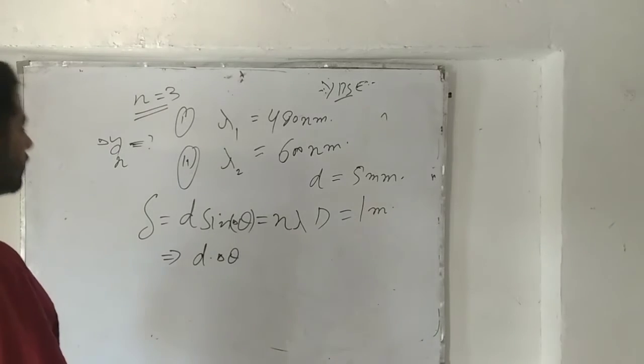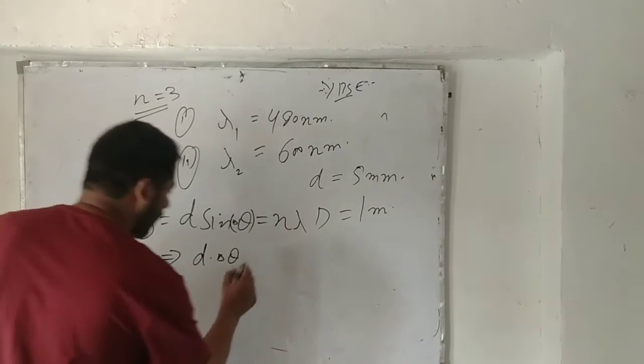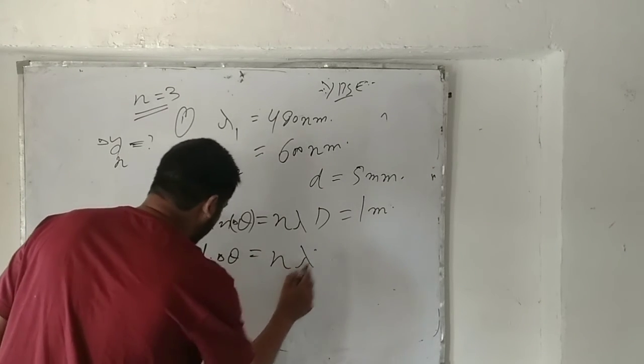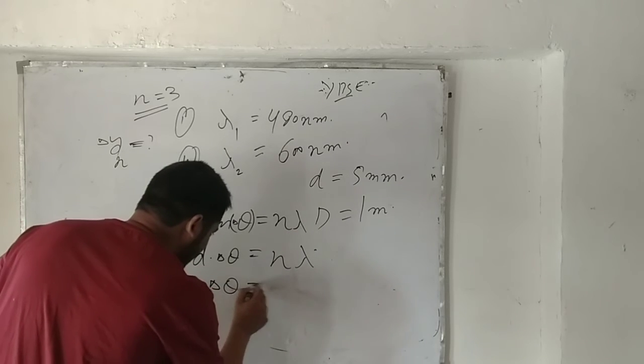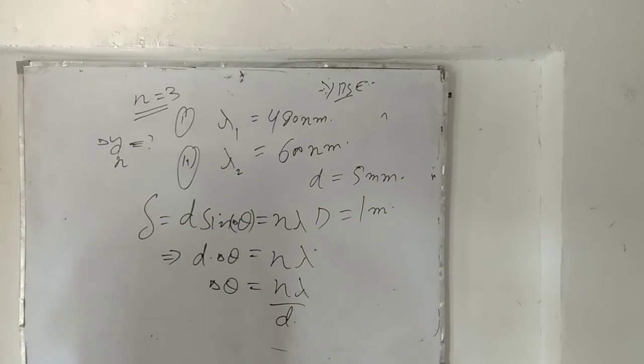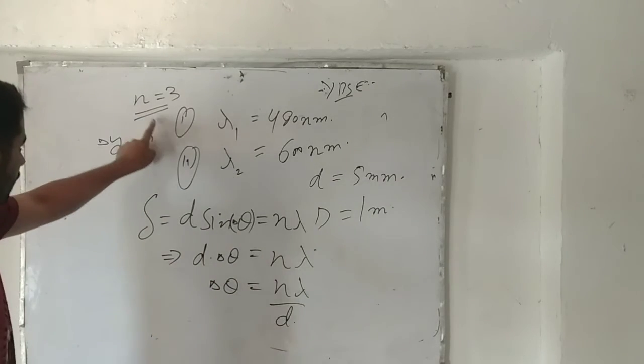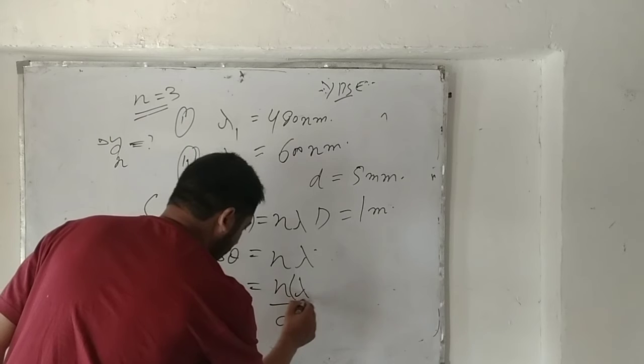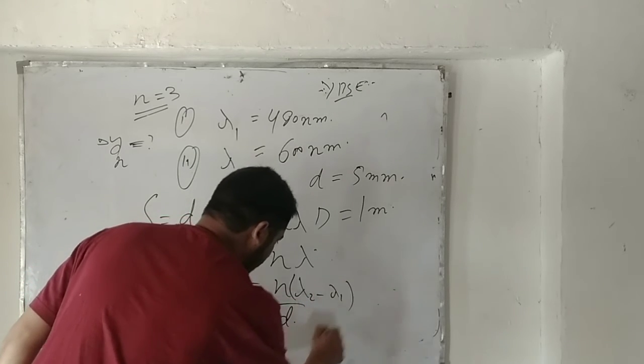Under the small angle approximation, sin of the angle is simply the angle, so d theta equals n lambda. It means delta theta is simply n lambda over d. For the third order bright fringe, we have lambda 2 minus lambda 1.